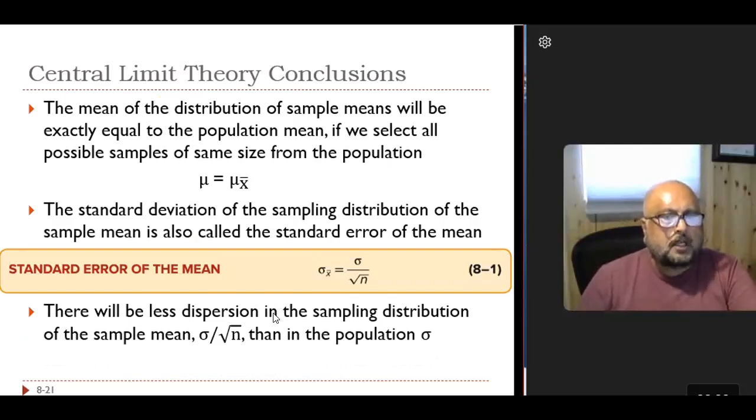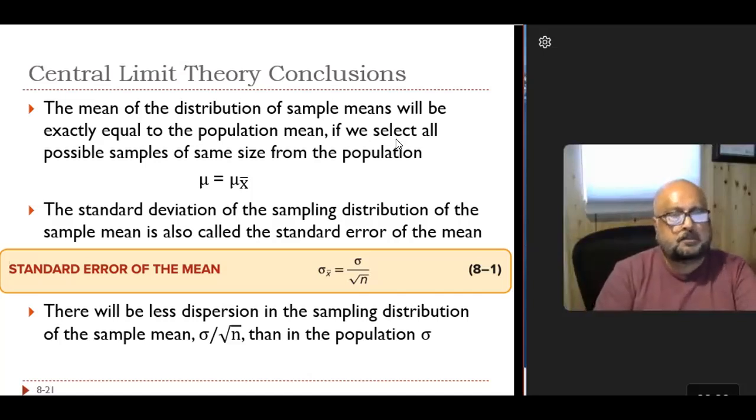Now there are various considerations related to the central limit theorem. The mean of the distribution of sample means will be exactly equal to the population mean.